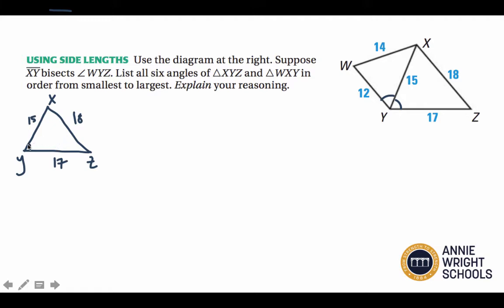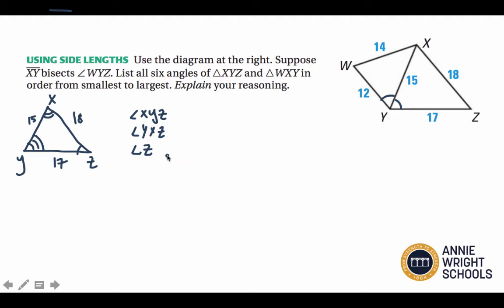So right away, I know angle XYZ is the largest, followed by angle YXZ. So this is the biggest, this is the next, the medium, and then angle Z would be the smallest.